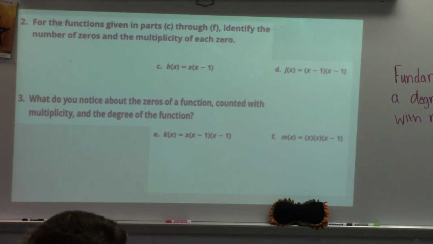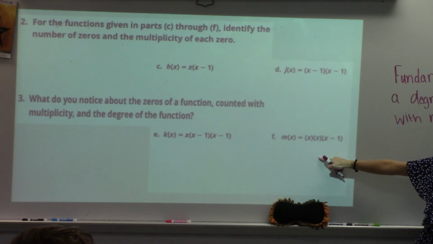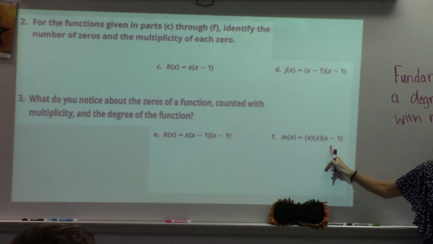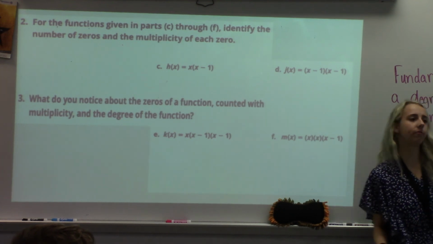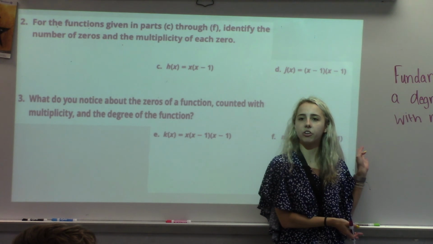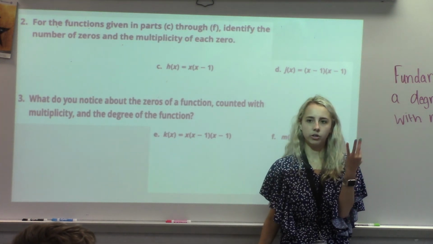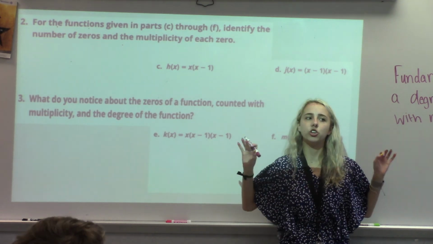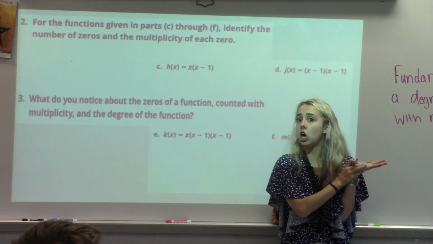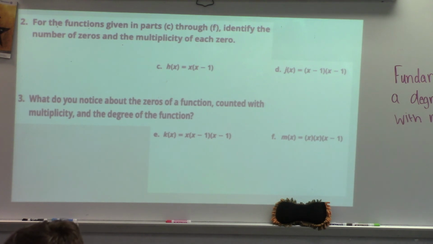Okay, but remember that's including the multiplicity, so here, I had a zero of 0 twice, right, so I had 2 distinct zeros that were different, but total I had 3 because we're following the fundamental theorem of algebra, which says if this is a degree 3 polynomial, I have 3 zeros. Okay? So when you're finding zeros with their multiplicities, you want to make sure that all the multiplicities add up to whatever your degree is. Okay, that's what you're going to be looking for.